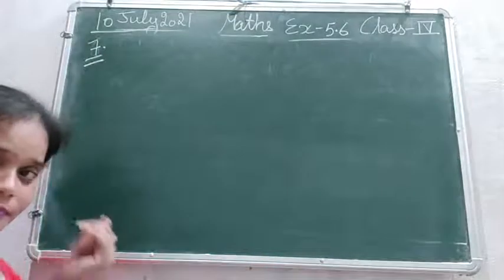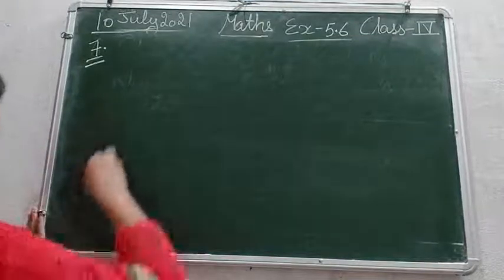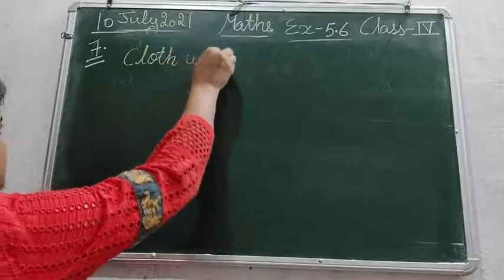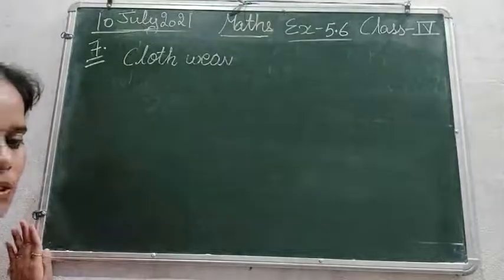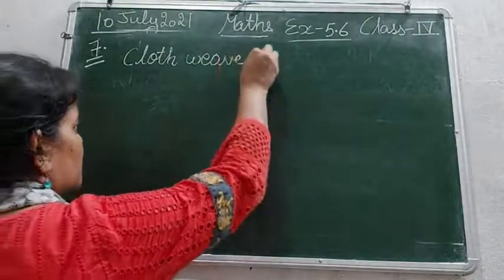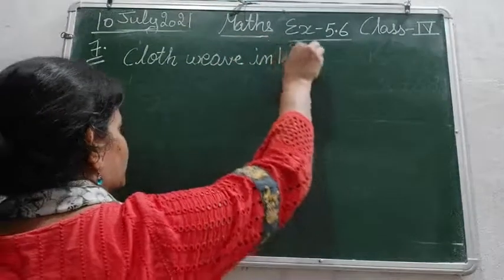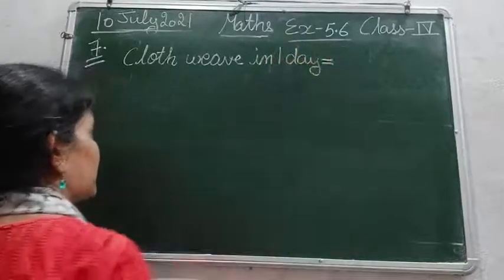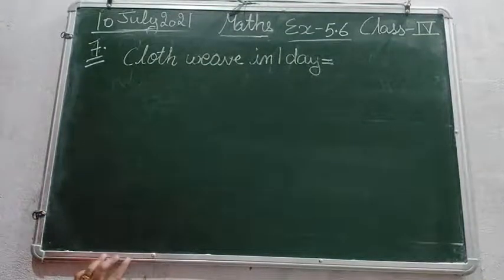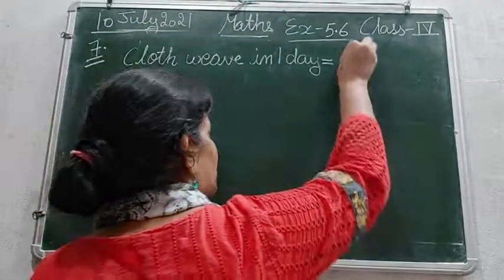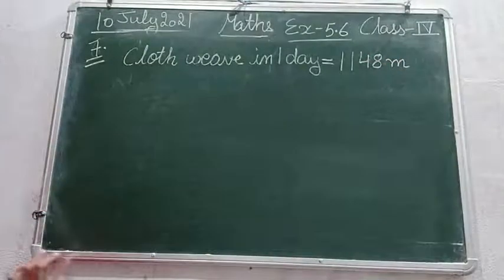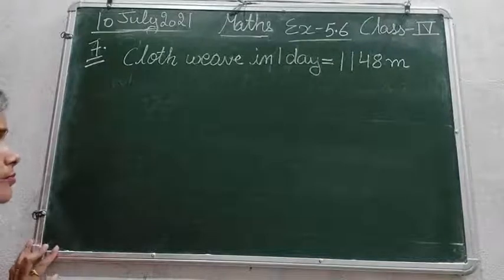Cloth weave in 1 day, एक दिन में. Cloth weave in 1 day is equal to 1,148 meter. हमें निकालना है cloth weave in 48 days.